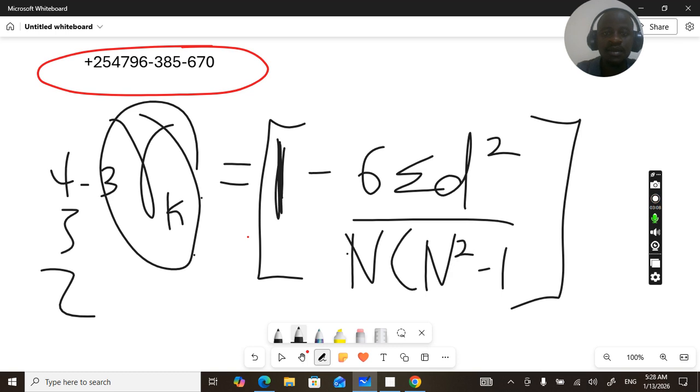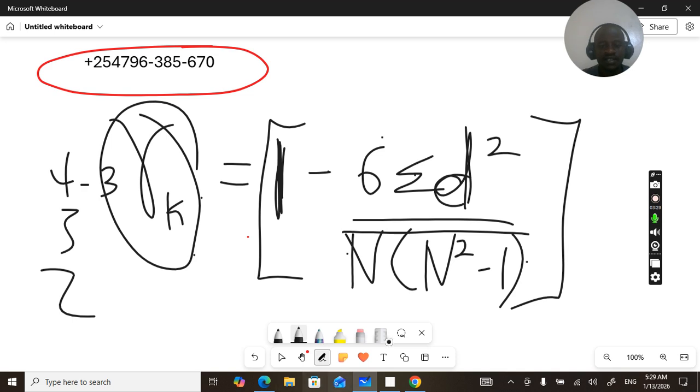The formula is 1 minus 6 summation of D squared divided by N into N squared minus 1. So I need to explain what N means, what D means, and the rest. Let's start with N. N simply means the number of students that sat for that exam.